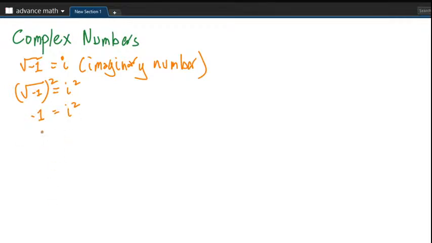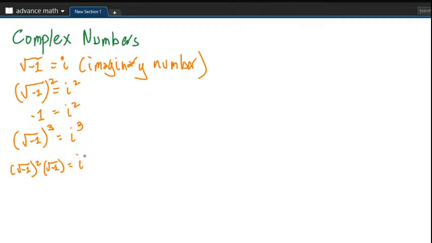Now if we are going to raise our i to the power of 3, that will be equal to square root of -1 raised to the power of 3. Using the property of exponent, we could write this as square root of -1 squared times square root of -1.